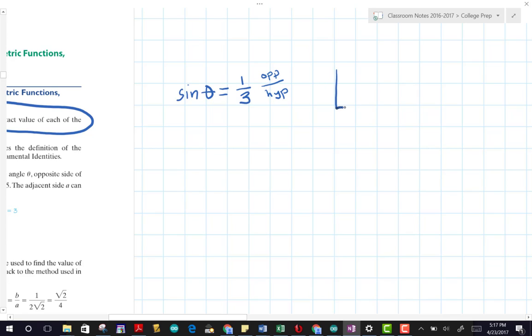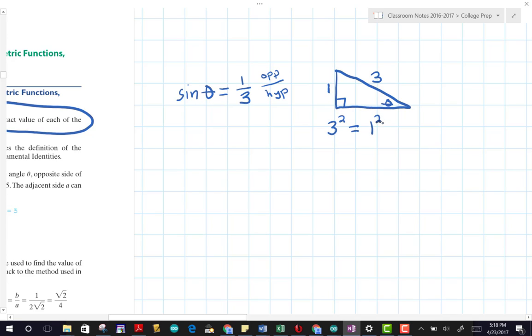So I could use the Pythagorean theorem to find this side. My hypotenuse is 3, so 3 squared is going to equal 1 squared plus this other side. I'm just going to call that x squared. So it's going to give me 9 equals 1 plus x squared. Subtract 1 from both sides. 8 equals x squared.